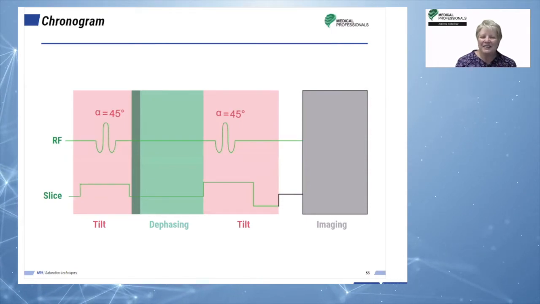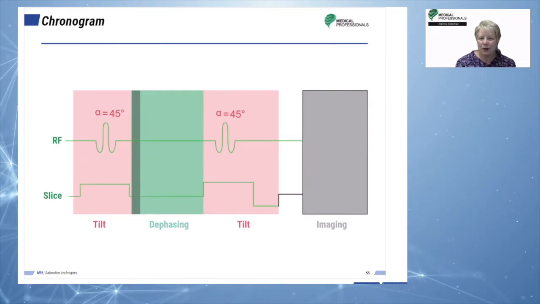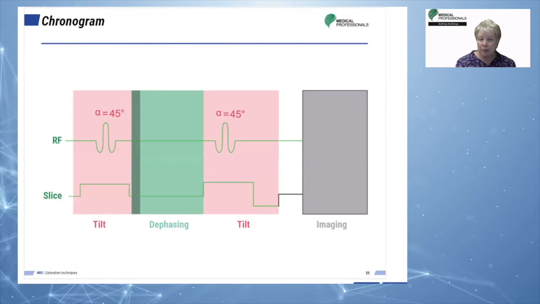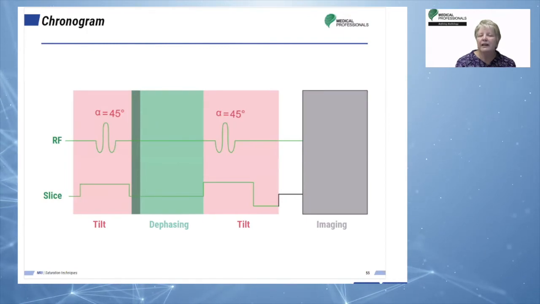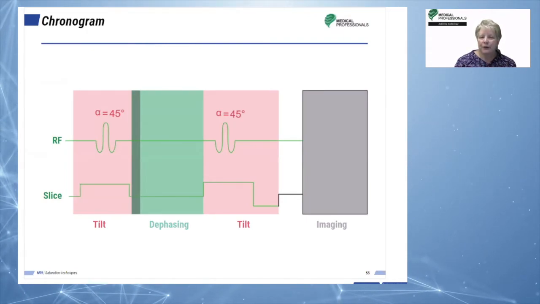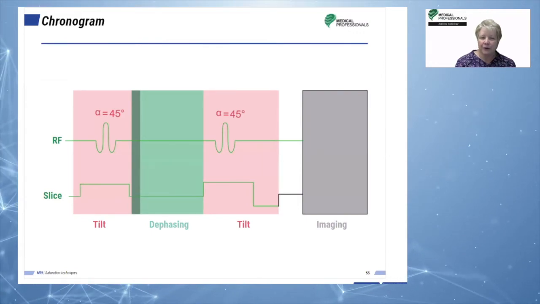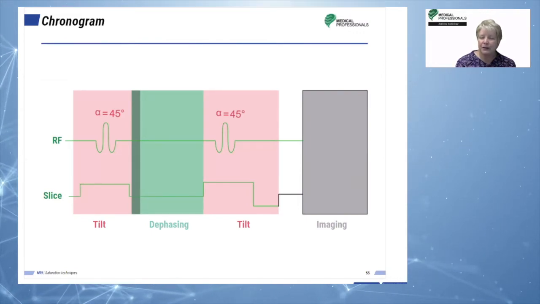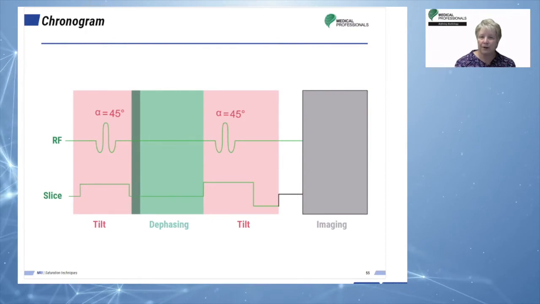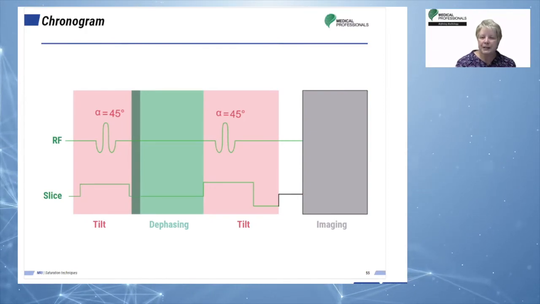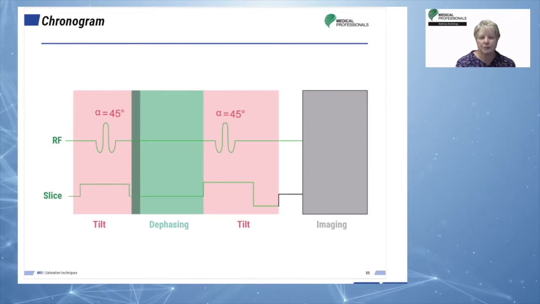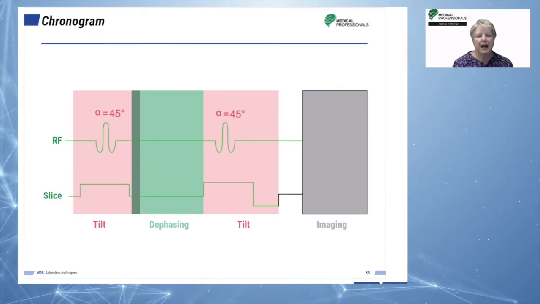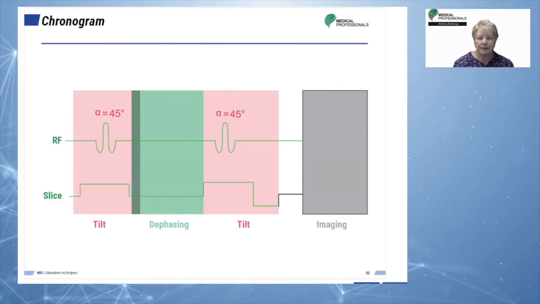In selective excitation of water by a binomial pulse 1-to-1, we have two 45-degree pulses. The first 45-degree pulse causes both vectors, the water and the fat vector, to be tipped partially towards the transverse plane. Next, we have dephasing spins.